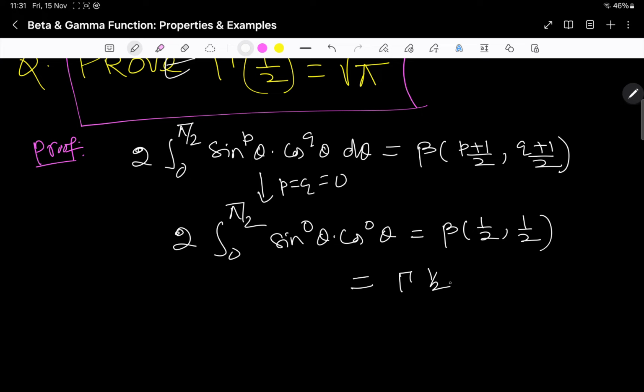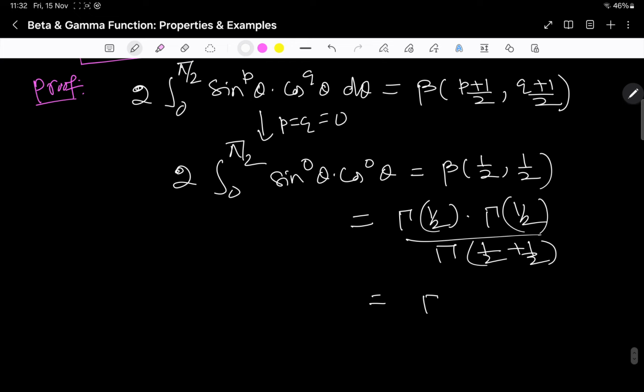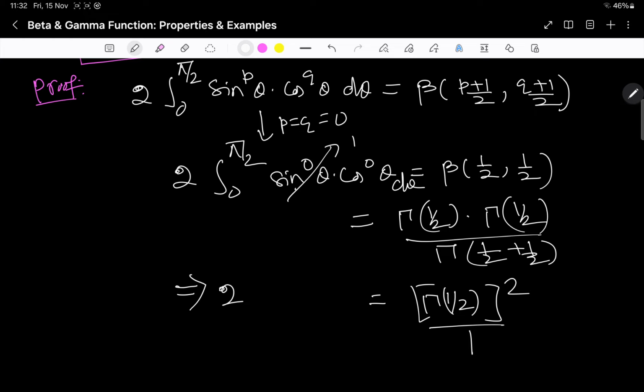It is gamma half, gamma half by gamma of half plus half, is not it? So this is equal to gamma half whole square, and gamma 1 is 1, and in the left hand side, it is my twice, it is d theta here. So this is 1 and this is 1, is not it? So this is only integral 0 to pi by 2 d theta only.